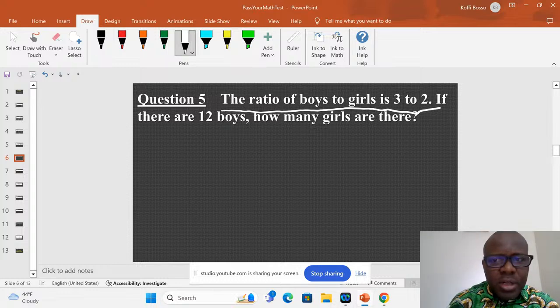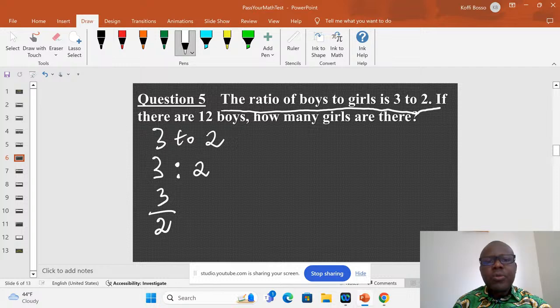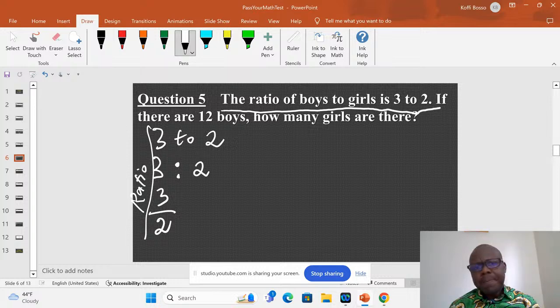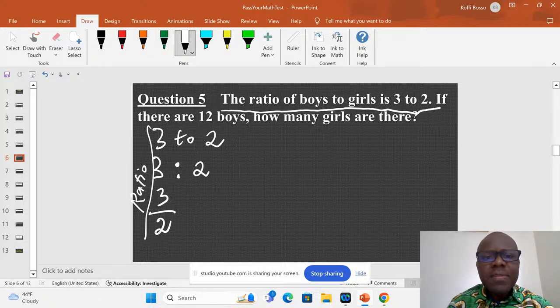So 3 to 2, or you can have 3 colon 2, or you can have 3 over 2. So the ratio of boys to girls is this. Now if there are 12 boys, how many girls are there?